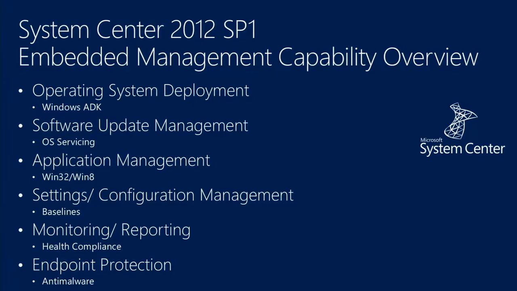And you have the full ability to monitor and report on compliance statistics or deployment status or anything that you would do with Config Manager for an embedded device. So we have added capabilities so that embedded device is now no longer different from other devices. Endpoint protection is used for anti-malware protection. So you can update signature or virus signature updates, send all those deployments to an embedded device as well.